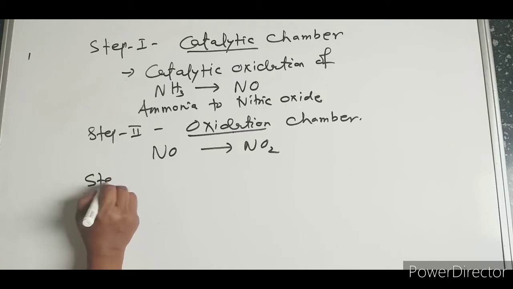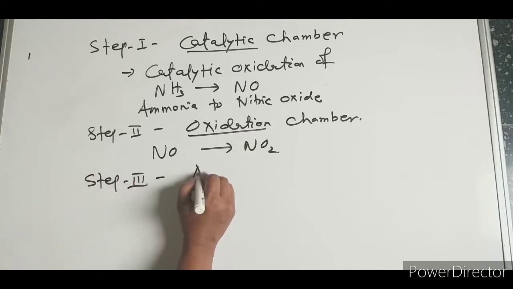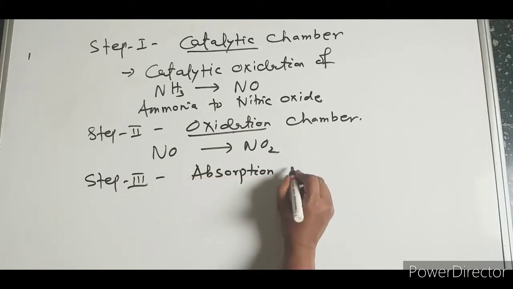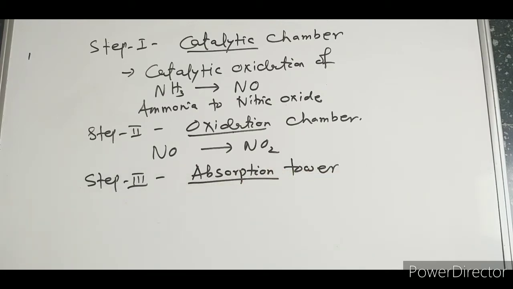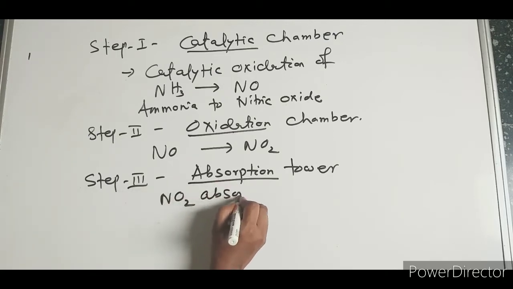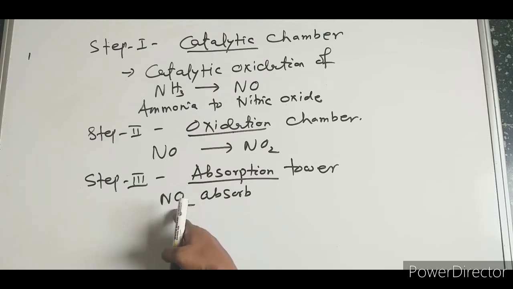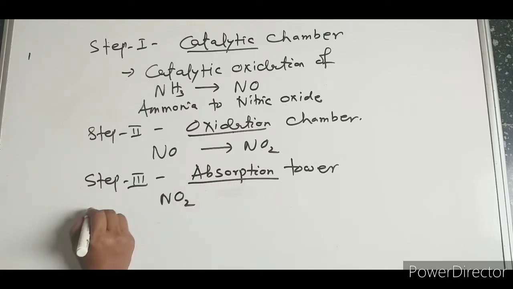What will be the third step? The third step is the absorption tower. Absorption means the nitrogen dioxide is absorbed in water.